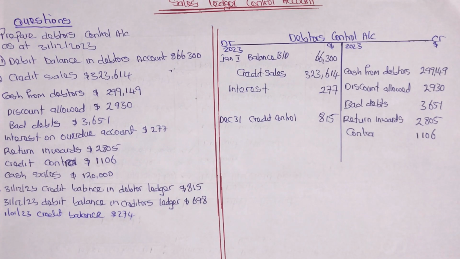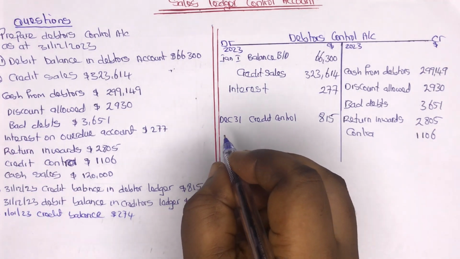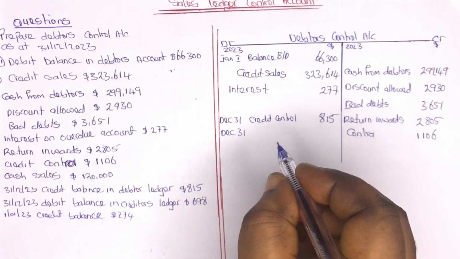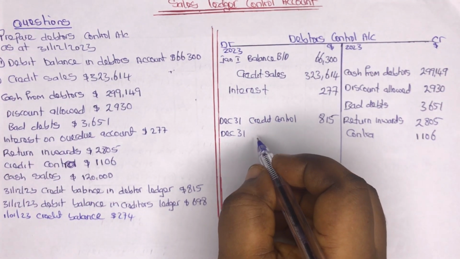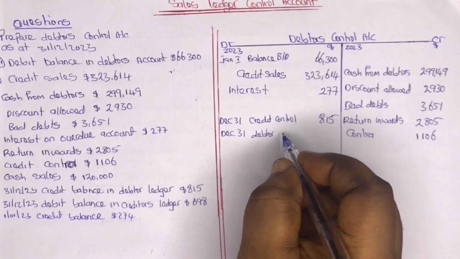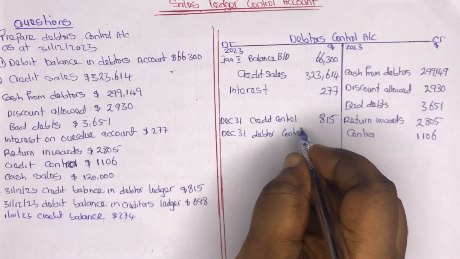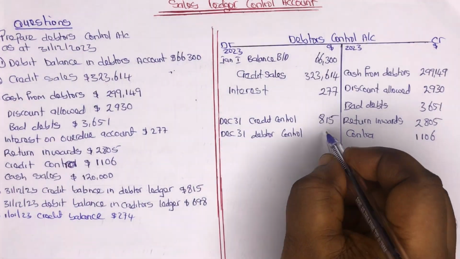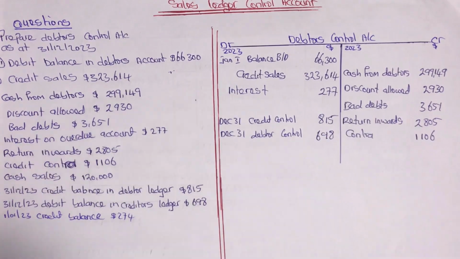So now we are debiting it in the debtors ledger so that in the creditors ledger we'll credit it out. So we have December 31st, debtors control, and the amount is $698.